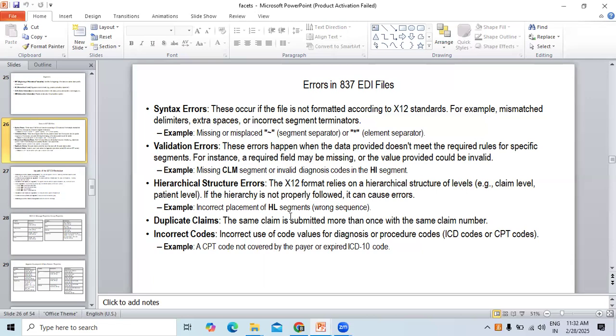Validation errors happen when the data that was provided doesn't meet the required rules for specific segments.